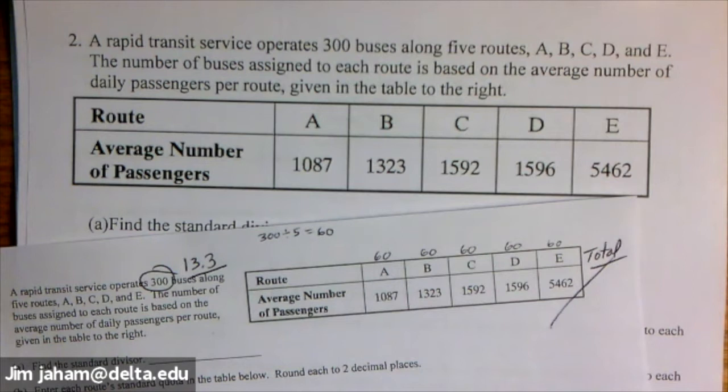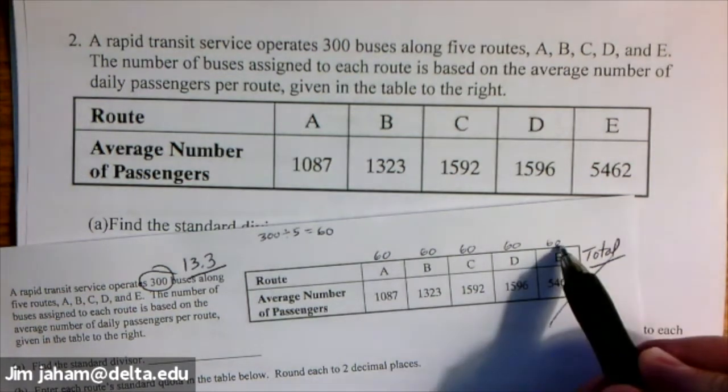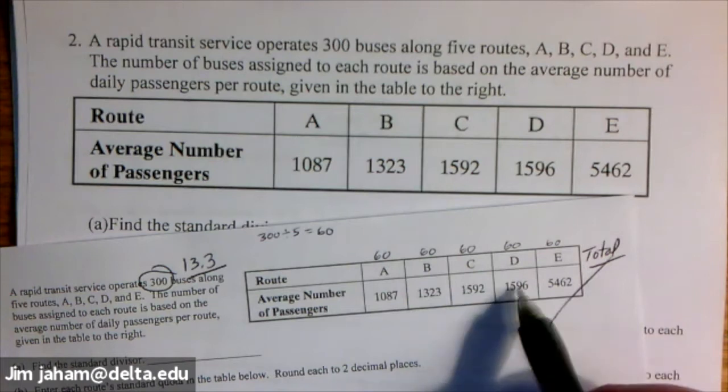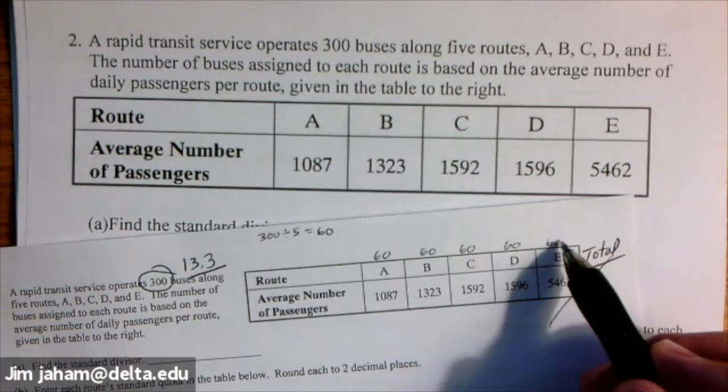Oh, except Route E has so many more passengers. So to accommodate all these passengers, we probably want to give them more than just 60 buses. These two are so close that we're going to give Route E more buses.